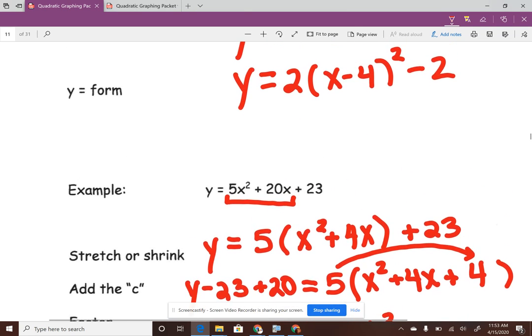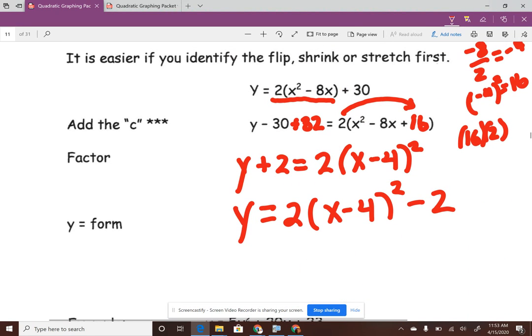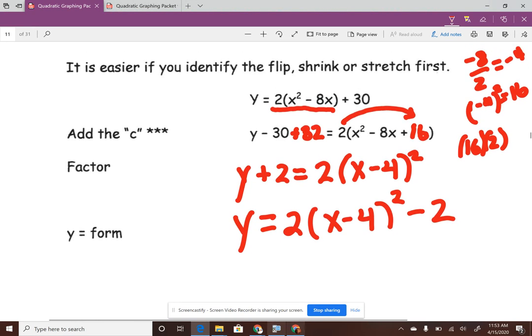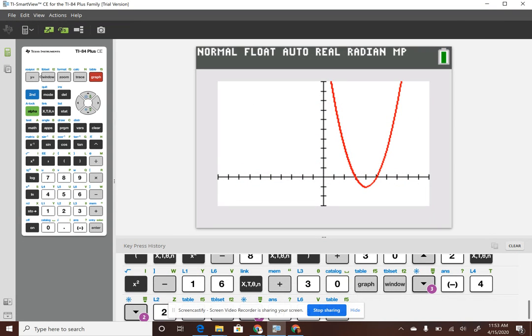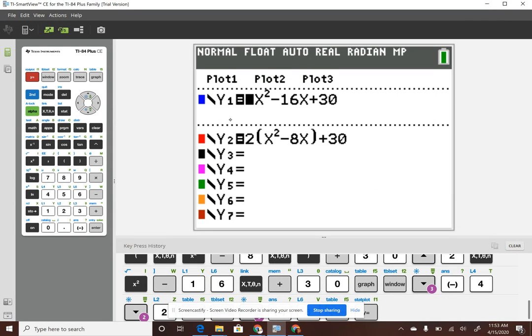Now you can check this on your graphing calculator. So I'm going to check the first one for you. I want to enter this in a couple of stages just so that you can see it. So I started with entering standard form. Remember, standard form is descending order. So I have the quadratic term, the linear term, and then the constant term. And then I typed it in when I factored out the 2 from just the first two terms, just from the quadratic and the linear term.